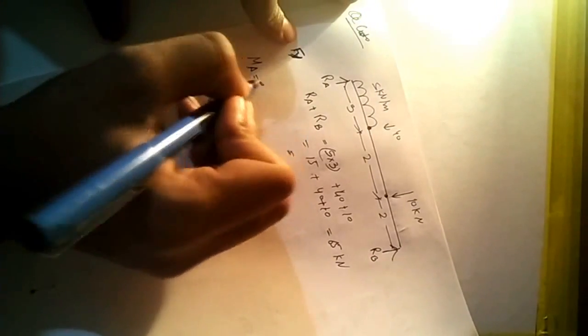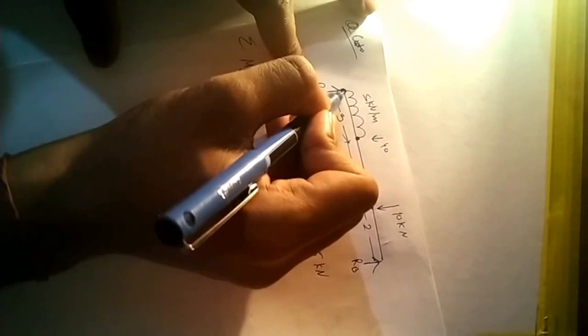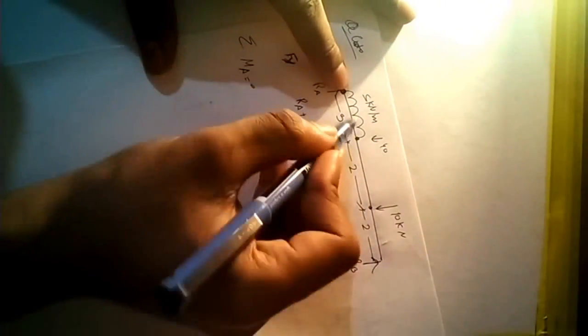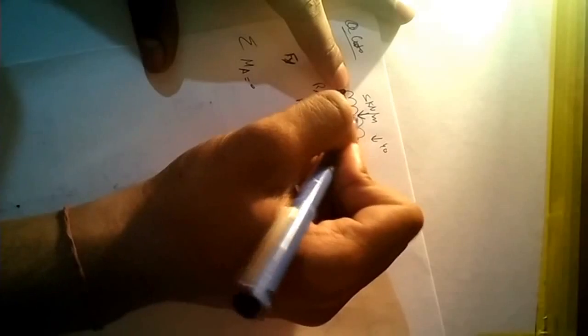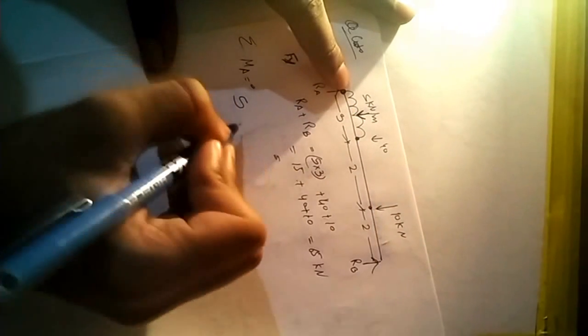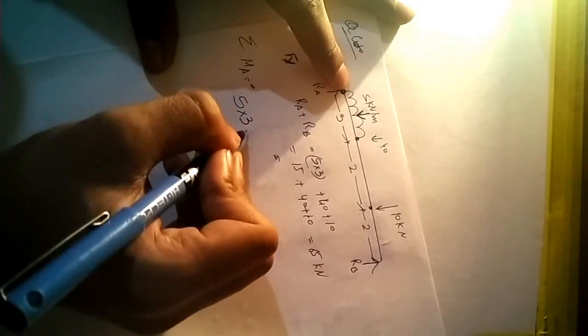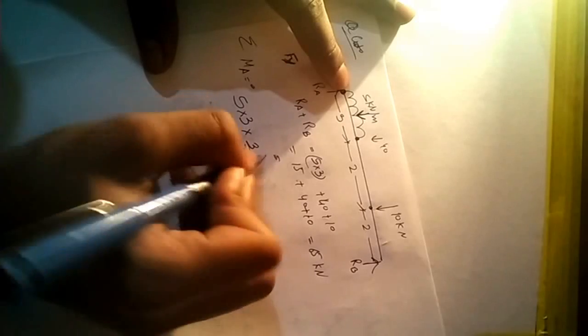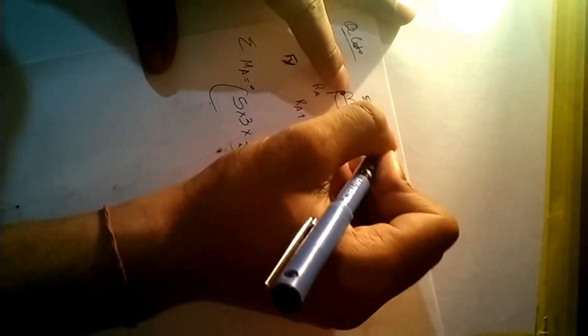Now taking summation of MA equal to 0, first the force will be 5 kilonewton into 3 into 3 by 2, because the UDL is 5 into 3.